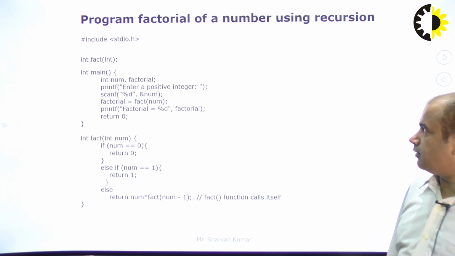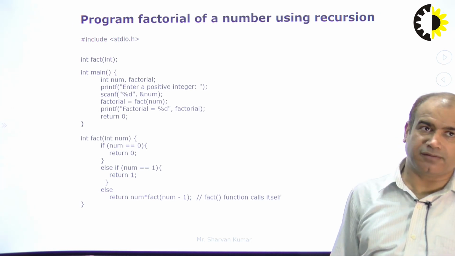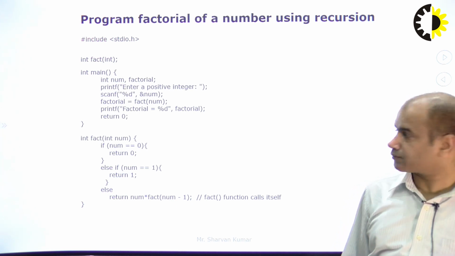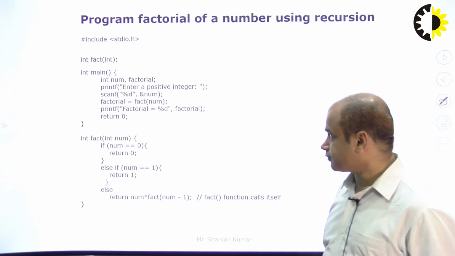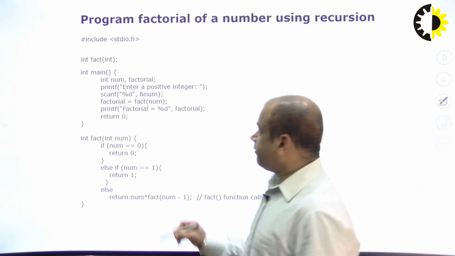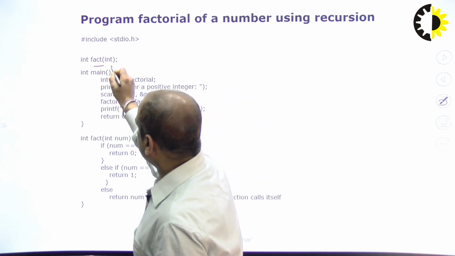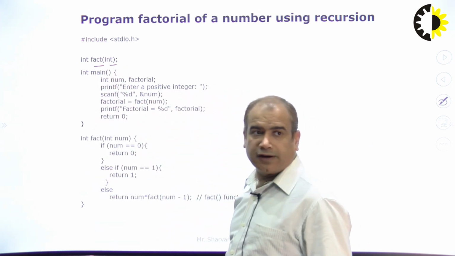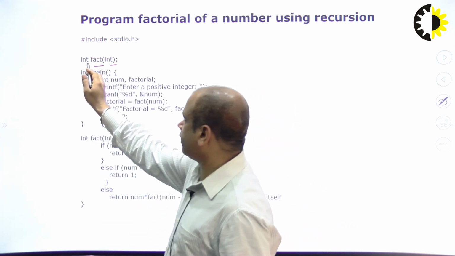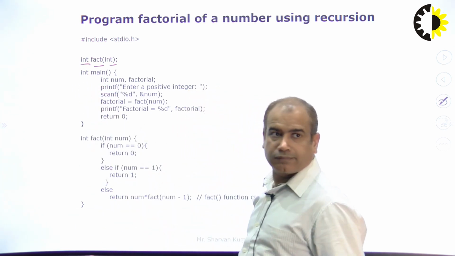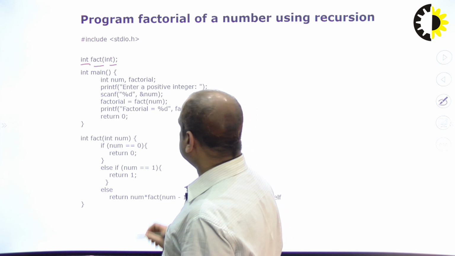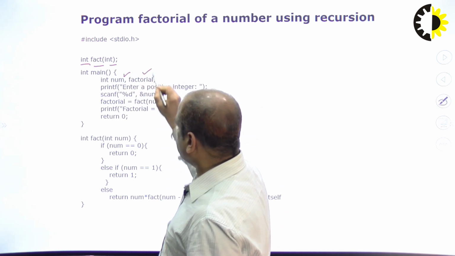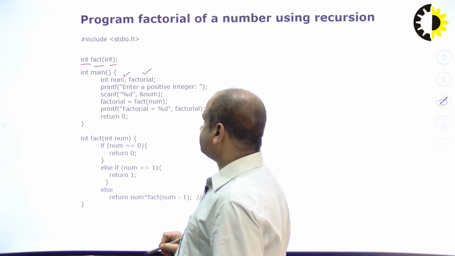So this is the program to find the factorial of a number using recursion. See here, we are defining a function named fact which has one argument and return type int. Now we are taking two variables, num and factorial.